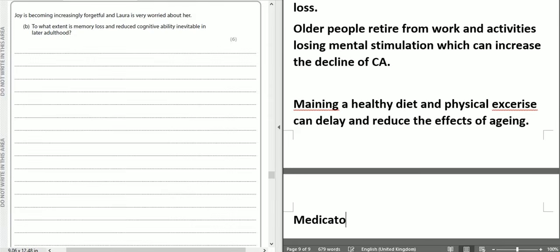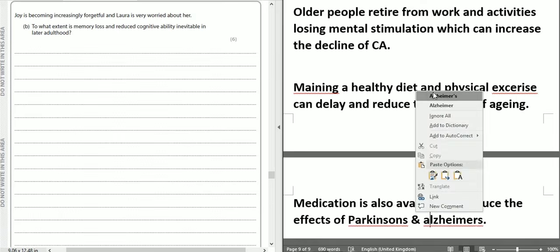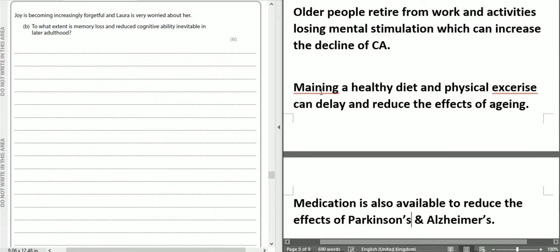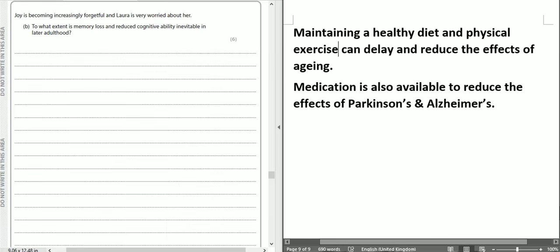Medication is also available to reduce the effects of Parkinson's and Alzheimer's. Again, never going to fully cure the conditions, but medication can help manage the condition. So again, maintaining a healthy diet, exercise, there we go. So again, there are things that can alleviate the pressures.